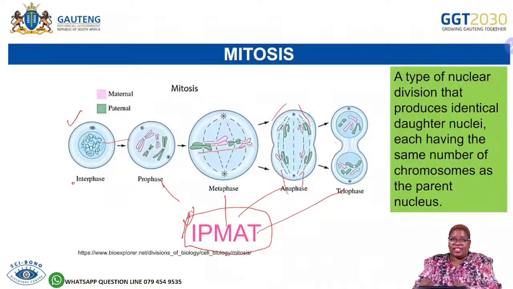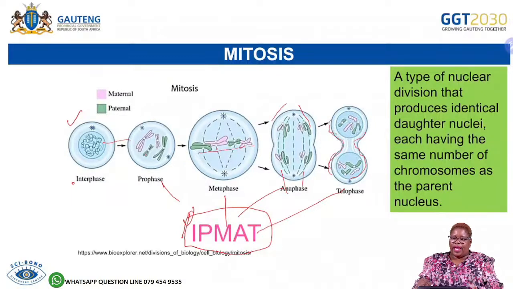Then cytokinesis, division of the cytoplasm. If you check, the cell is pinching in at this area, so this means cytokinesis is taking place, resulting in two daughter cells.